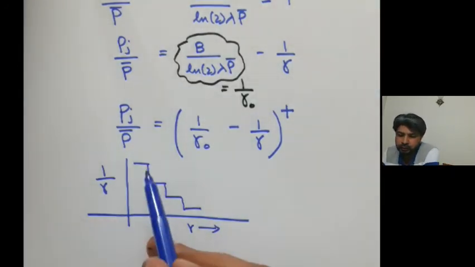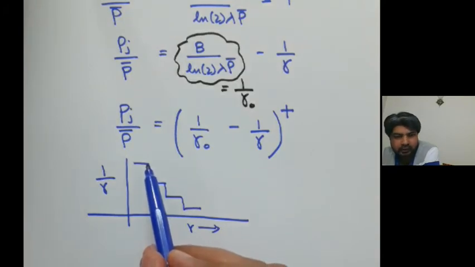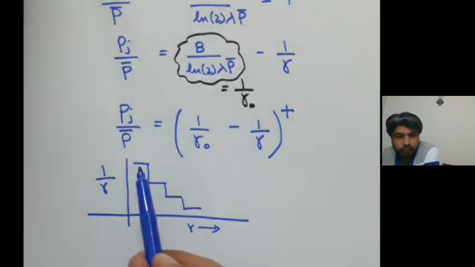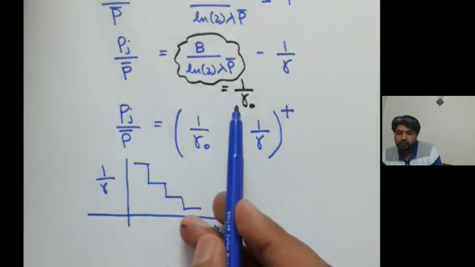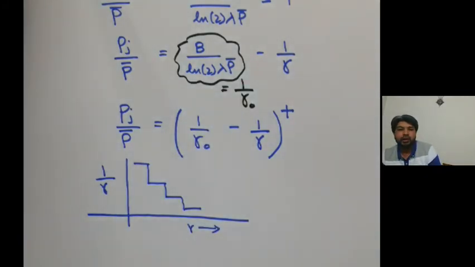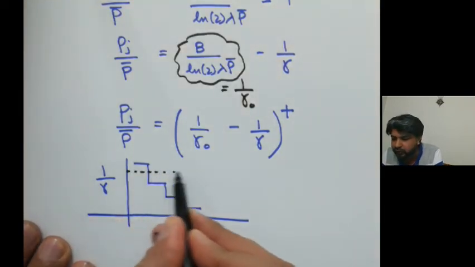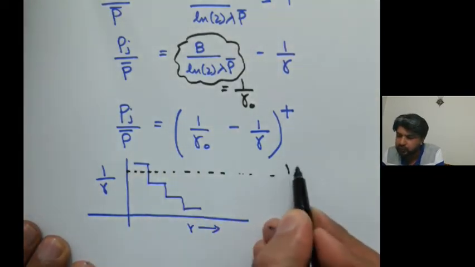For example, if your gamma is really large, then your 1 over gamma would really be small. And if your gamma is really small, then 1 over gamma would really be large. And then this term 1 over gamma naught is called the water level. Let me draw the water level here. Suppose this is your water level. This is 1 over gamma naught.